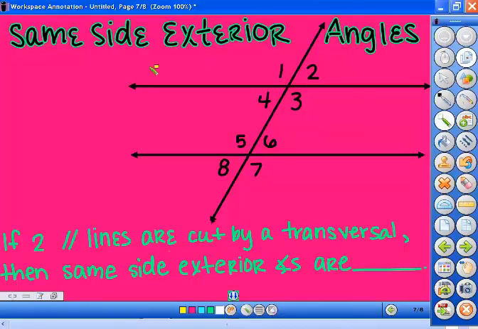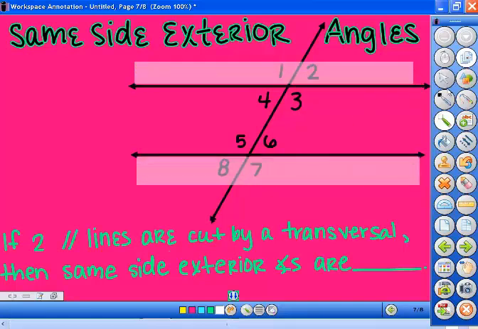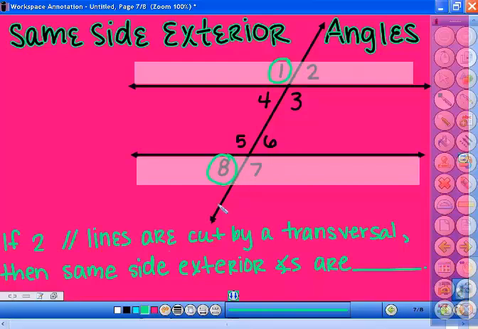Same side exterior. Again, exterior is on the outside of the parallel lines. So here's my exterior, and I want same side. So 1 is on the left of the transversal, 8 is on the left of the transversal. 2 is on the right, 7 is on the right.